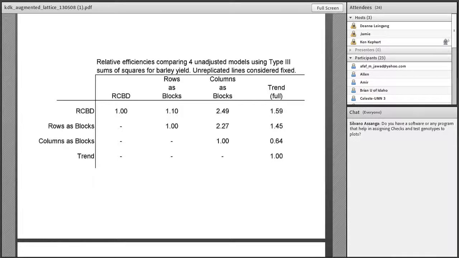If it's in a record that contains an unreplicated line, that is the number 1. If it is a check value, it is 0. And by using this approach, PROC MIXED will only look at those entries as a source of variation that are unreplicated lines. Okay, that's the core in this step of the analysis.